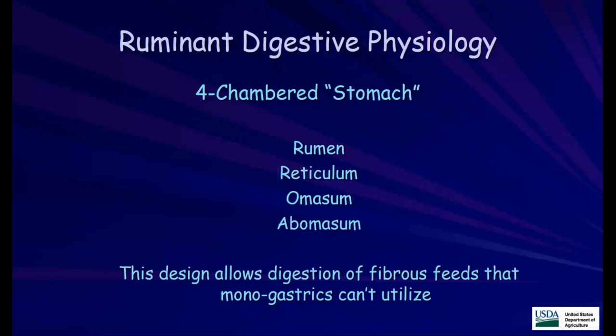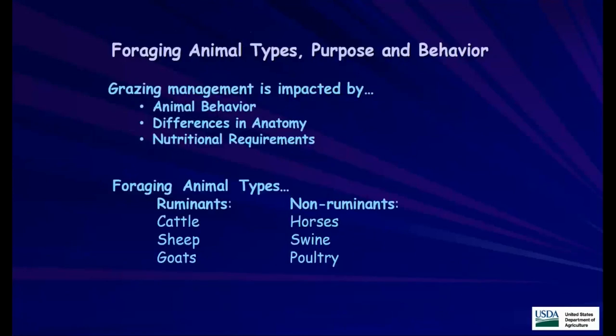And let me just back up here for a second. So the non-ruminants are horses, swine, and poultry. And horses do have the ability to eat forages similar to cattle and sheep and goats, but there is one big difference, which I'll get into here in a minute. Swine and poultry, we do see them on pasture a lot, but they're not really ruminants.